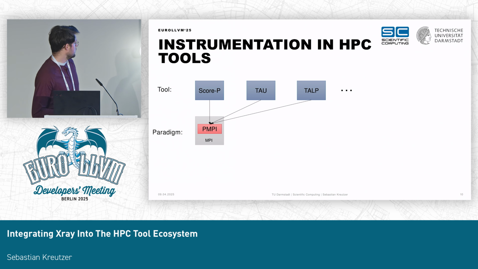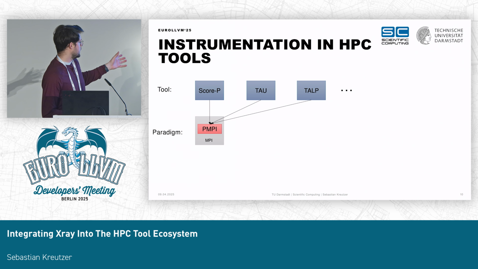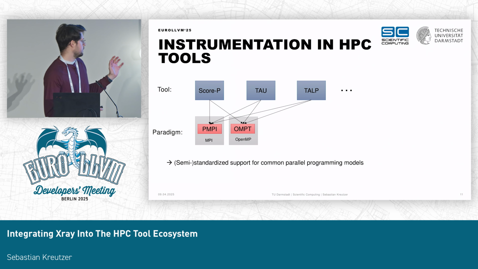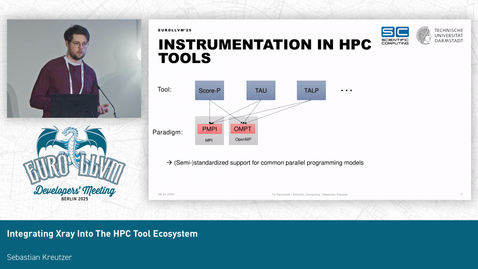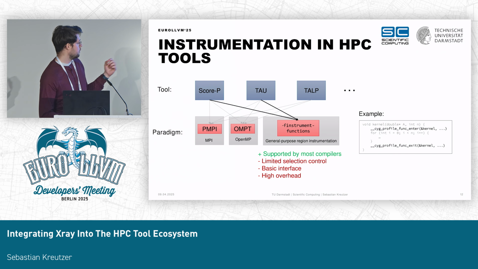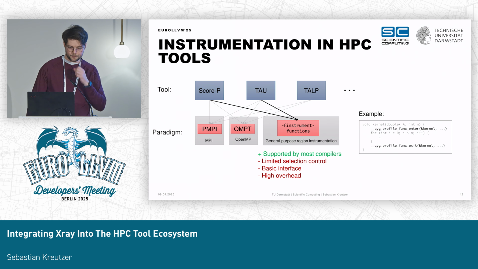Let's look at how different paradigms are supported. When you look at MPI, there's the PMPI interface, it's quite clear. For OpenMP, there's the OpenMP tools interface. So there's a semi-standardized way to do instrumentation for different models. However, general purpose region instrumentation is a little bit more difficult.